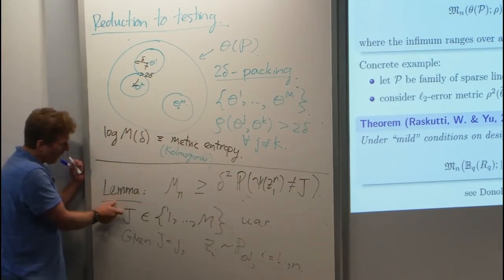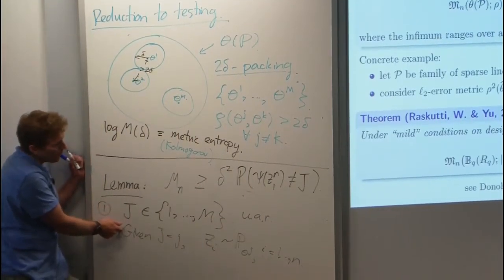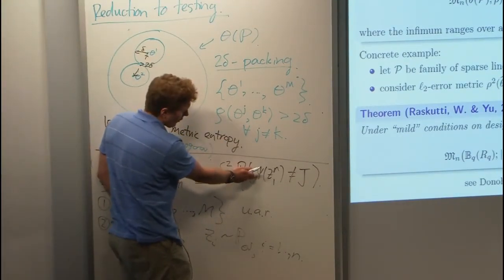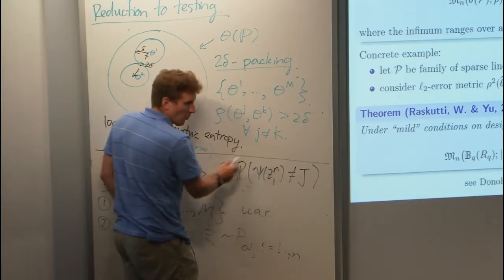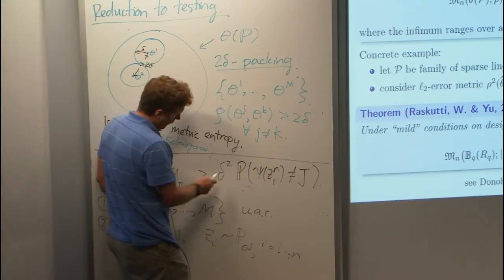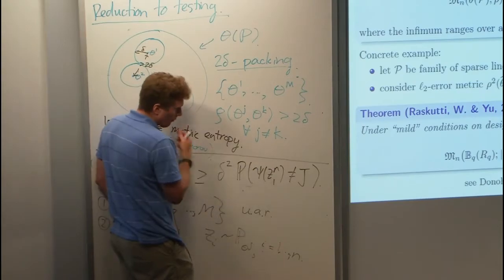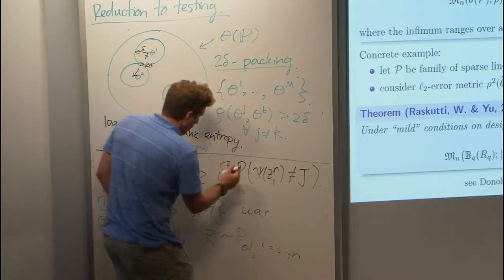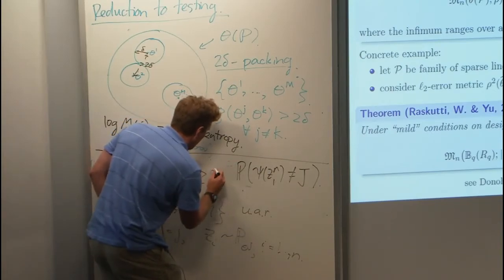Right, so that's what I'm doing. I'm picking a ball center. I give you n samples. And this thing here is a test function. It's a function that takes n samples and maps to an index. So what this is saying is for any test function, you can try and find the best one you want. Well, I should put an inf here. So I'm going to take the inf over test functions.